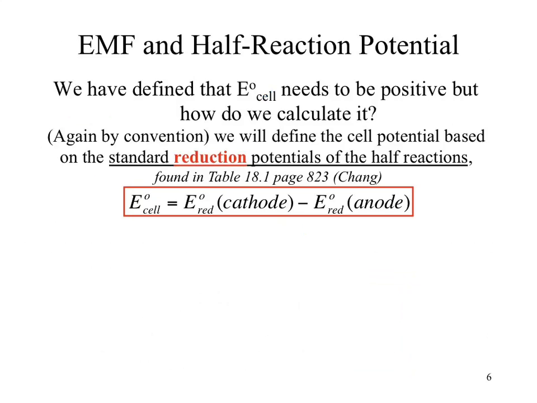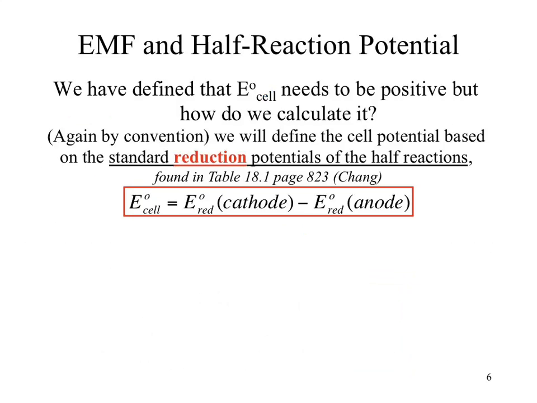Okay? So you can use this formula, but you have to make sure that you're subtracting the anode from the cathode reduction potentials. What we went through and calculated in the other format, our oxidation plus our reduction potentials, is the exact same thing. All we've done is incorporated that minus sign in a different position.